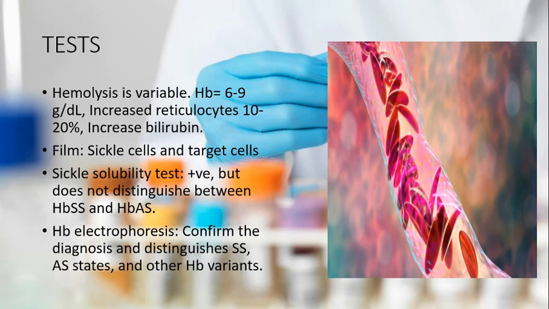There might be an increase in reticulocytes up to 10 to 20%. Increased bilirubin may also be seen due to hemolysis. On the film, you might see sickle cells and target cells as well. There is the sickle solubility test, which has to be positive to confirm the diagnosis, but it does not distinguish between trait and disease.